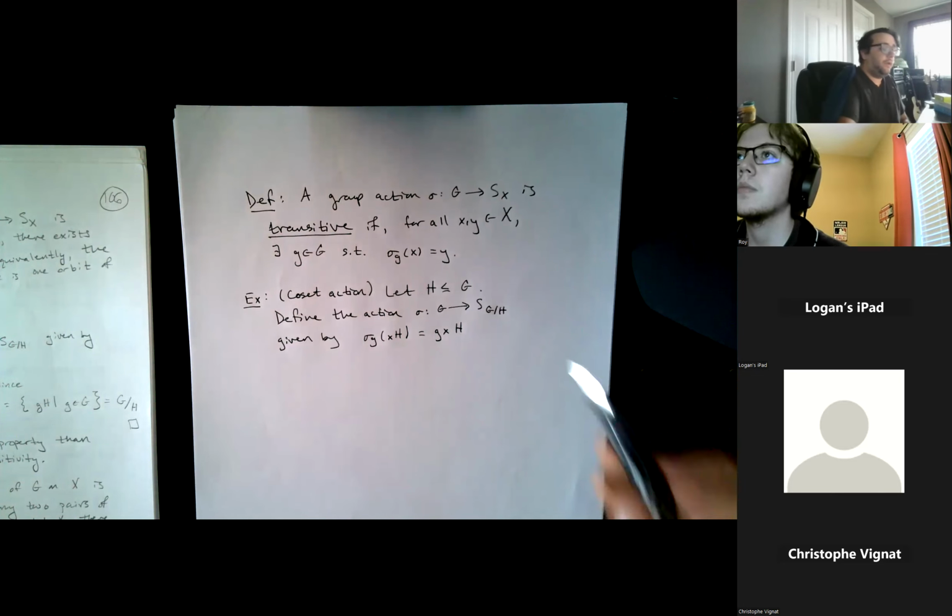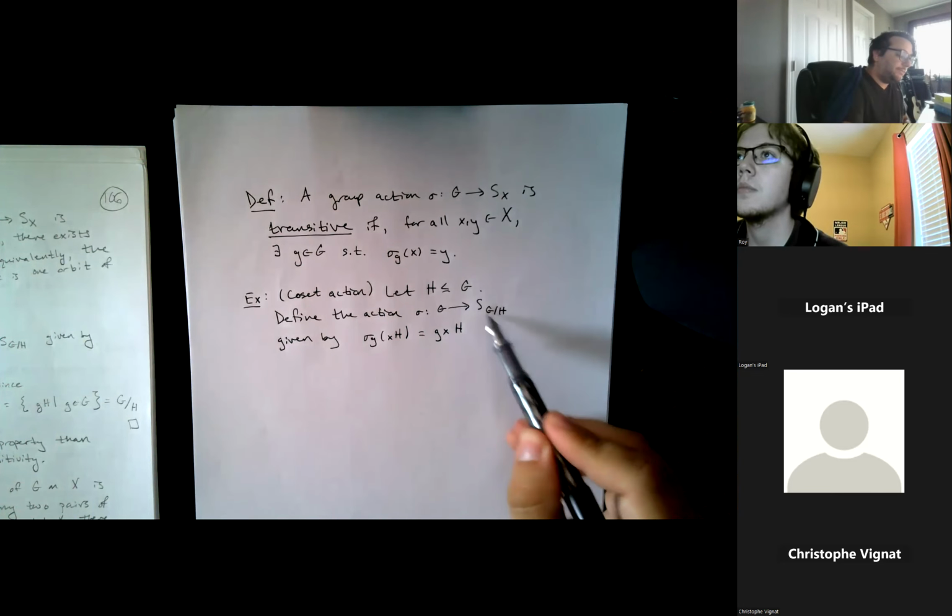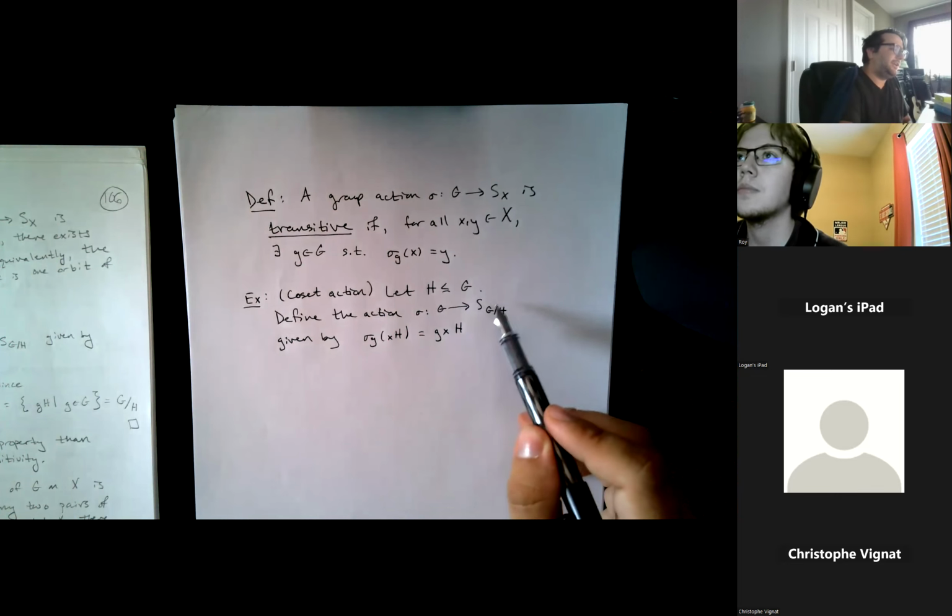Okay, so first of all, this G mod H here is not necessarily a group, right? But we don't require this thing to be a group anyway. It just has to be a set. We can always take the set of cosets, right?